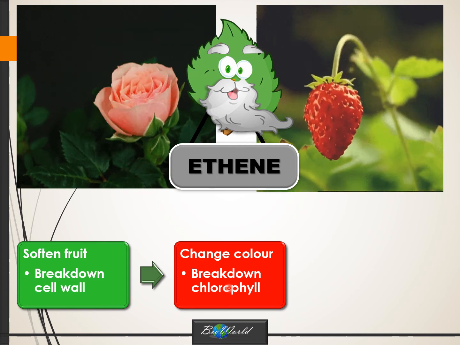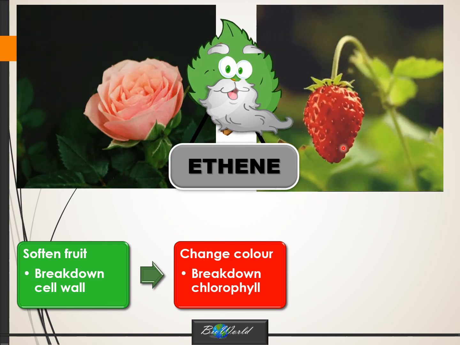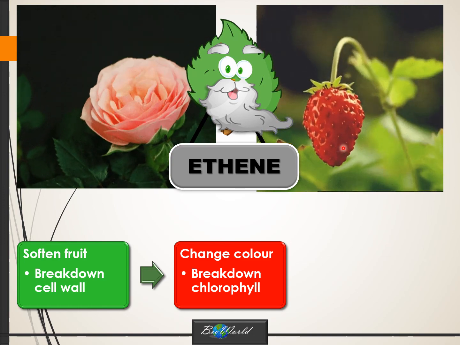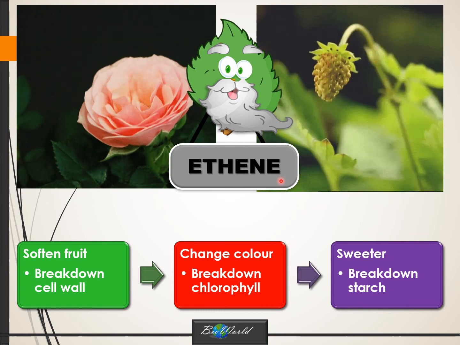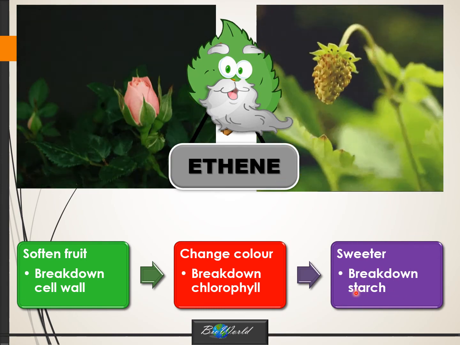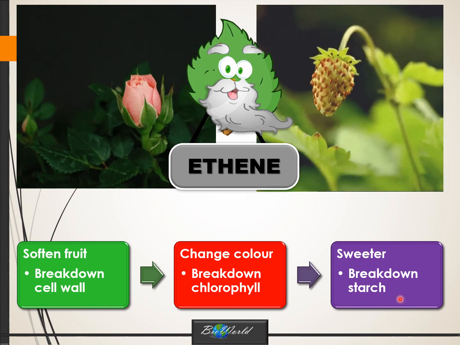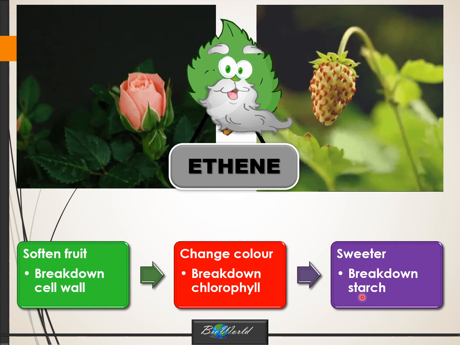And the third thing, the reason why we love fruits so much is that when you bite into a ripe fruit, it is sweet. Now, ethane will again activate enzymes that can break down storage nutrients such as starch. This starch is tasteless. That's why unripe fruits can seem tasteless or sour.